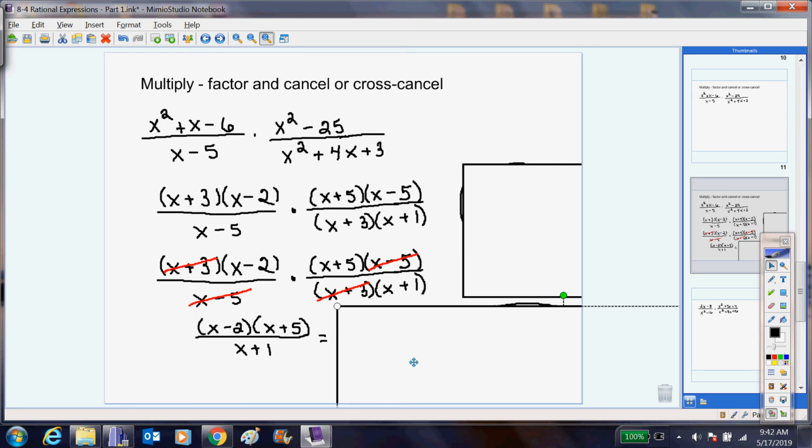To make it look great, you should multiply it back out again, because you've canceled everything you can, depending on the context of the problem. So you'd have to multiply x times x minus 2, distribute twice: x squared plus 5x minus 2x minus 10.